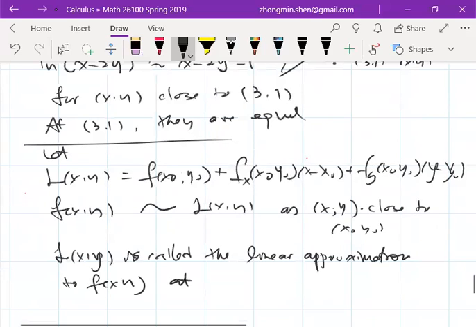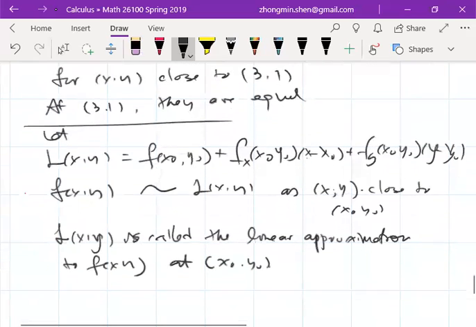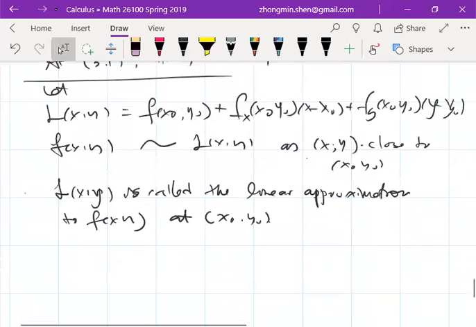You have to specify at which point, at that particular point. The reason we can see from the graph is why it's a linear approximation.